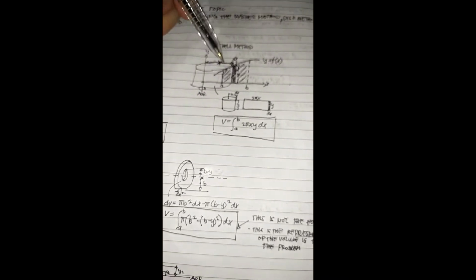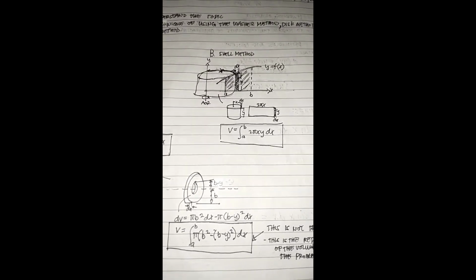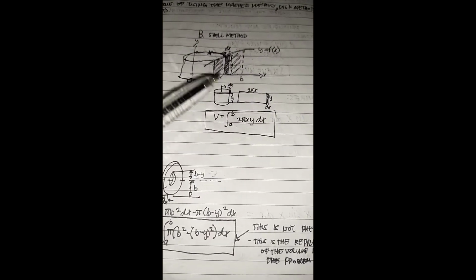So in this graph, we have a cylinder. Our AOR is in y-axis. So the formula for this method is v is equals to the integral from a to b 2 pi xy dx. So this is the formula.